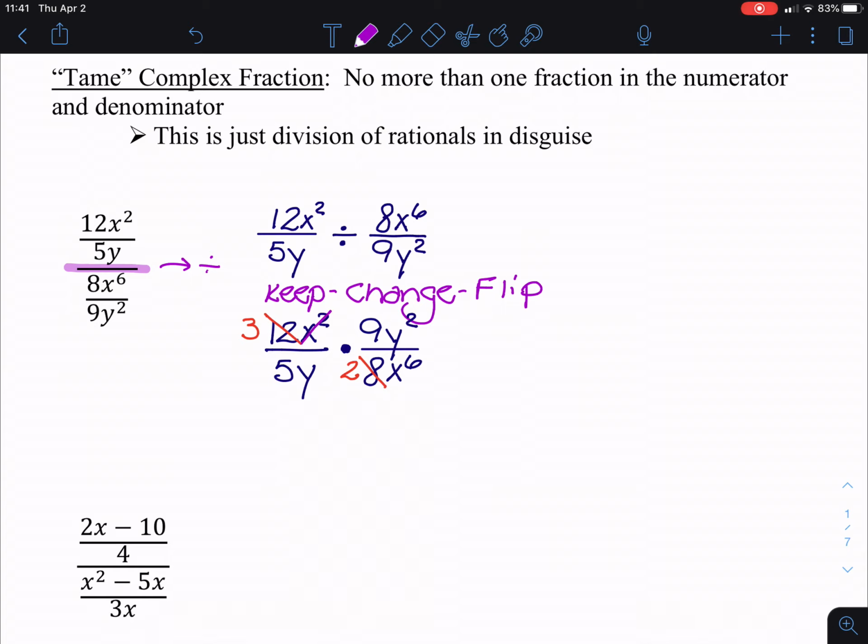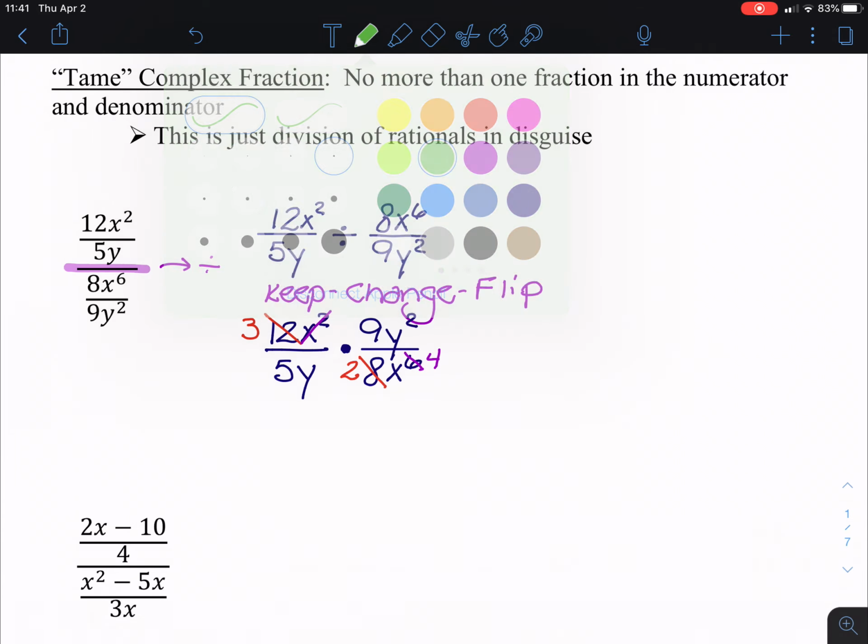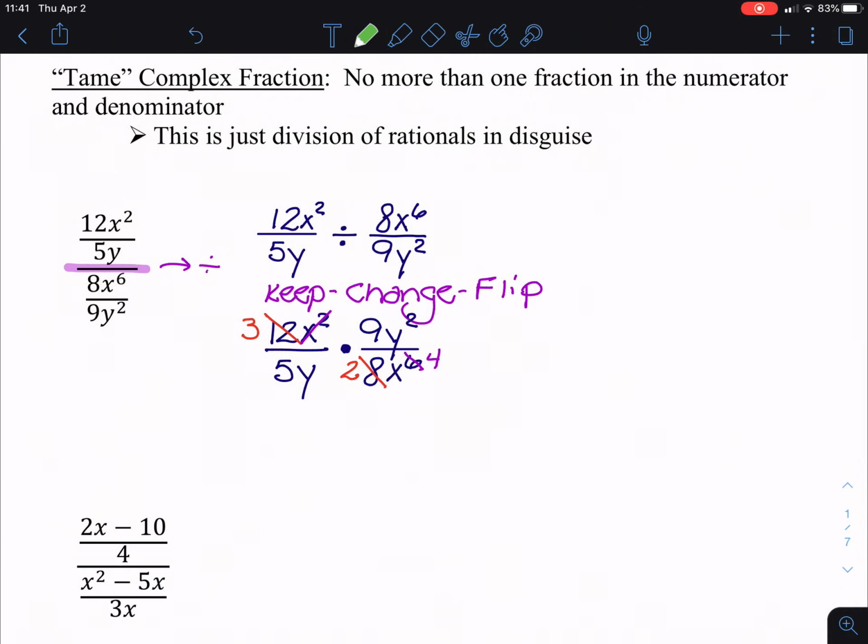So x squared on top can cancel with 2 of the x's in x to the 6th, leaving me with 4 of them left over. So now I have x to the 4th. 9, okay, 9 unfortunately can't cancel with either 5 or 2. Okay, so I'm going to leave that there. And then finally, I have the y squared can cancel with the y on the bottom. So the y on the bottom goes away, and one of my y's in the y squared goes away.